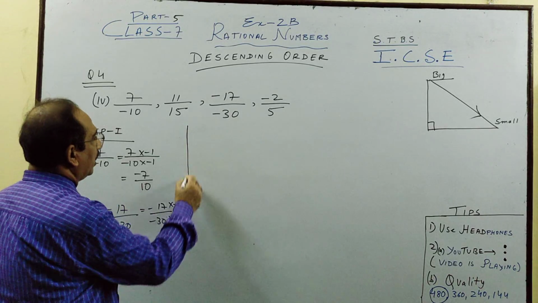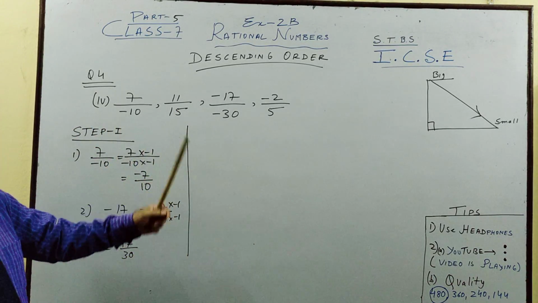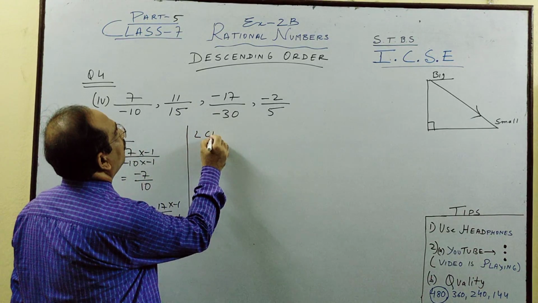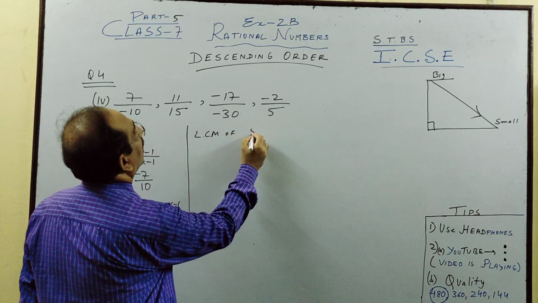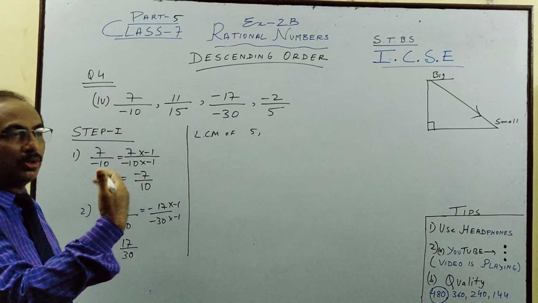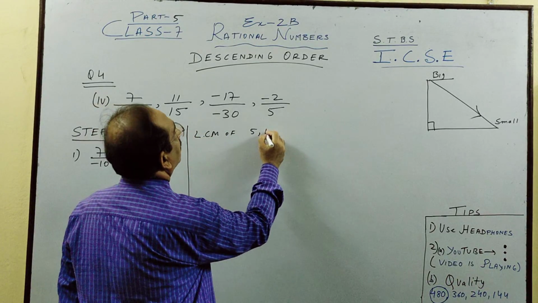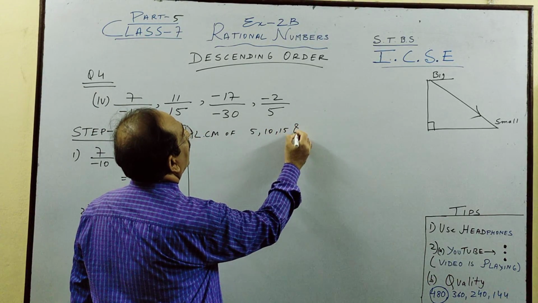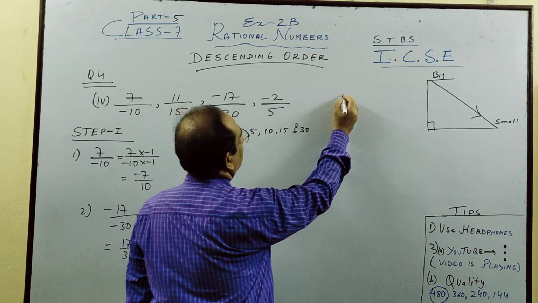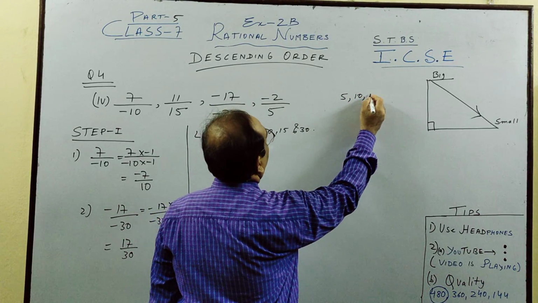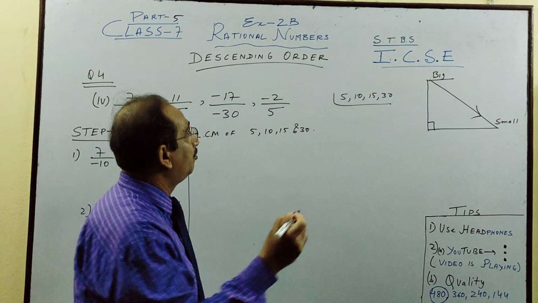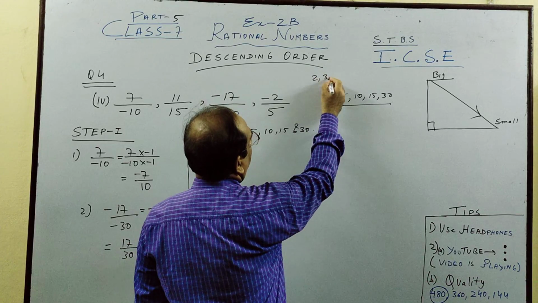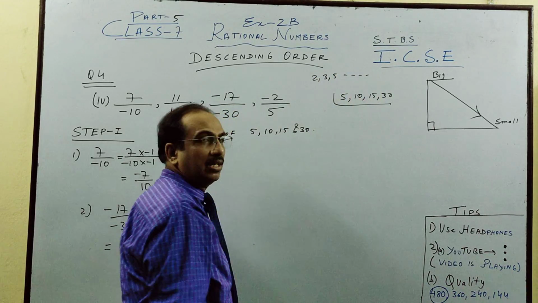So the next step, children, is step 2, where we will get the LCM of the denominators. So LCM of 5, I go from small to big, 10, 15, 30. So like the previous sum, 5, 10, 15 and 30. First we take the first prime number 2. Then we will try with 3. Then with 5, 7 and so on.